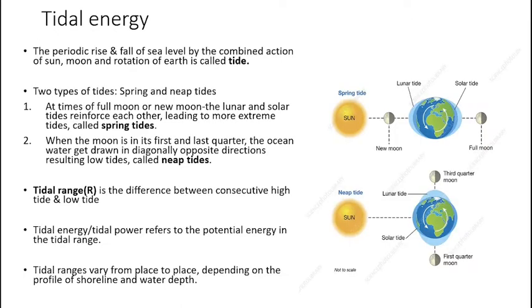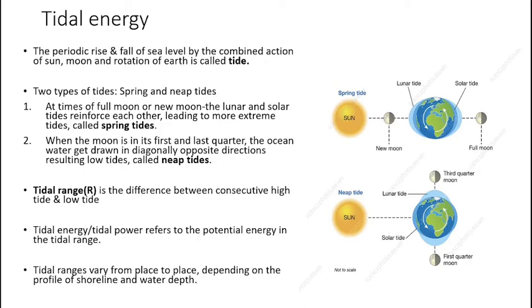Now let's see each of these in detail. First one is the tidal energy. So first of all, we have to define what a tide is. The periodic rise and fall of sea level by the combined action of sun, moon and rotation of earth is called a tide.